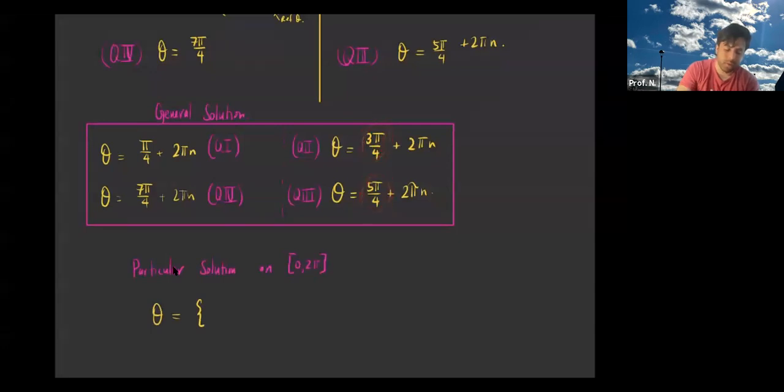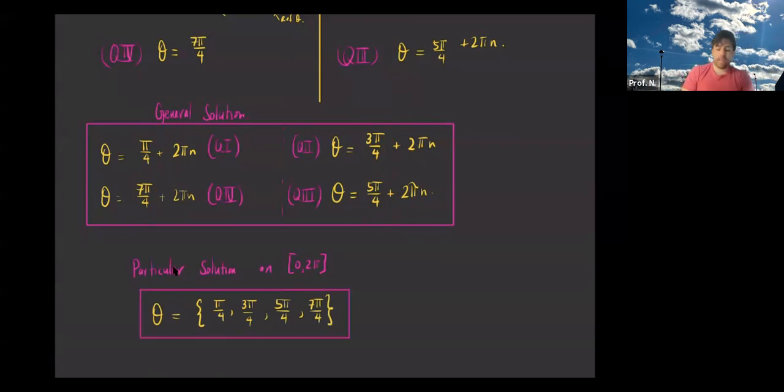These are all within the boundary of 0 to 2 pi. So my solution is going to be pi over 4, 3 pi over 4, 5 pi over 4, 7 pi over 4. And that's my particular solution.